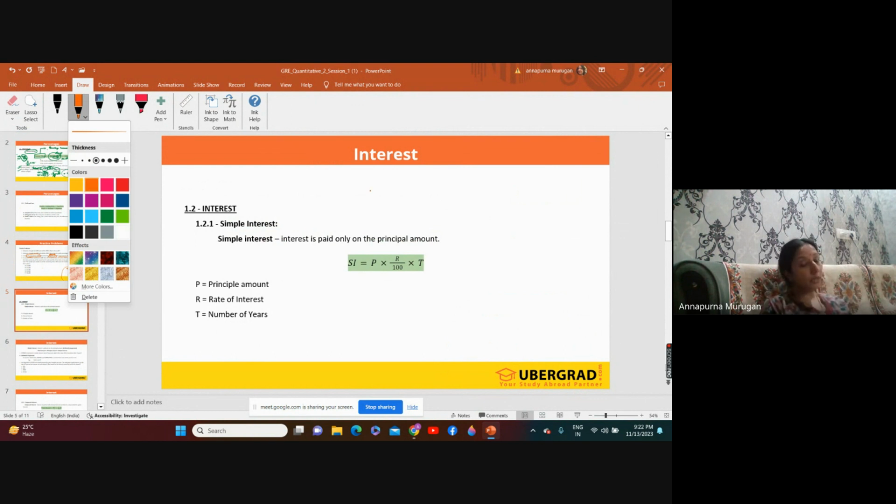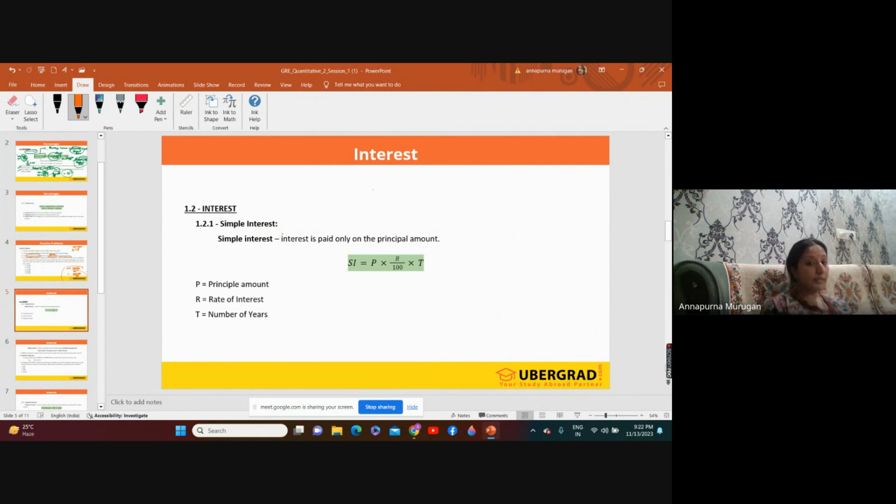You saw so many formulas with regard to percentages. Now let us discuss simple interest. Simple interest is when somebody borrows some amount and pays a certain interest annually. That extra amount paid on the amount given is called simple interest.